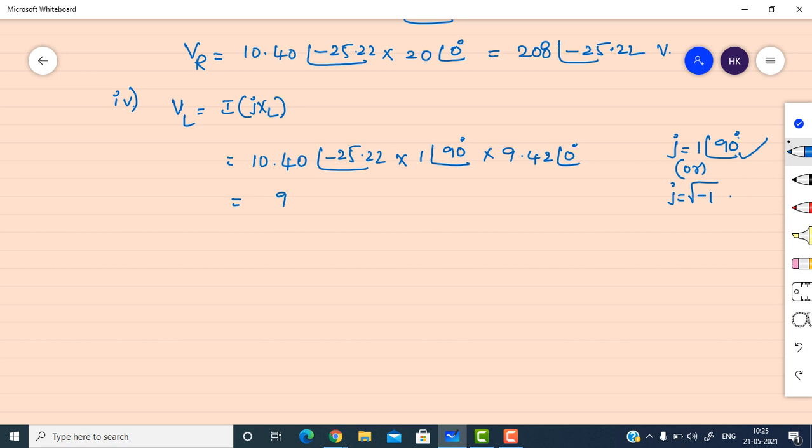What is the value? 97.9 at an angle 90 minus 25.22, which is 64.78 degrees. This is the voltage drop across the inductor.